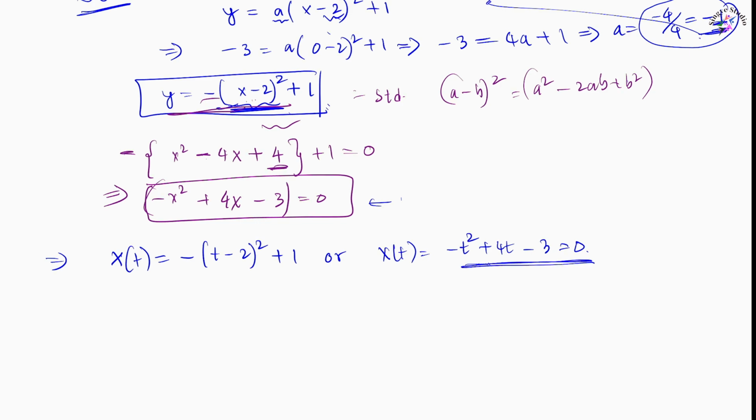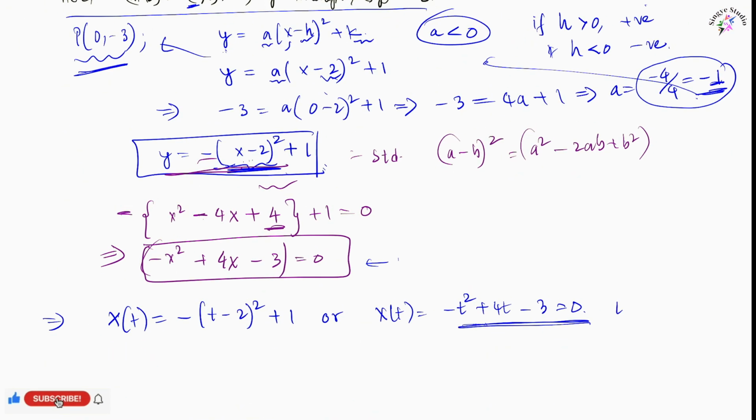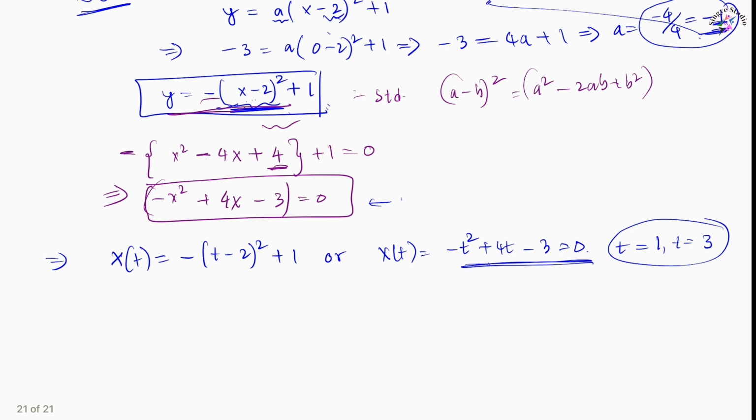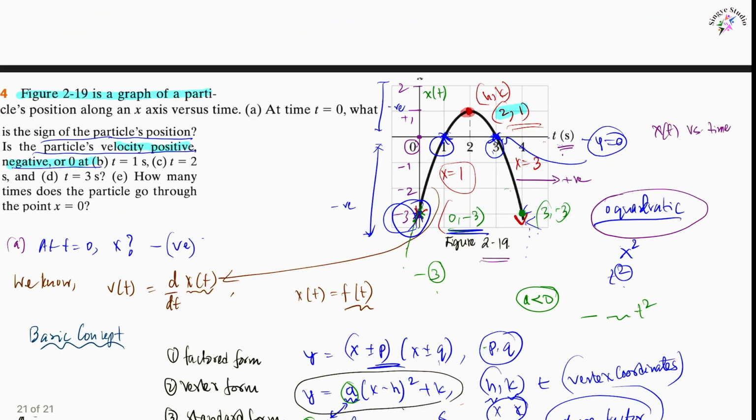If you factorize this equation, you will get t equals 1 and t equals 3, because you know that from this curve the x-intercepts are 1 and 3. Now at last we got the expression for the particle's position, the function which describes the curve.